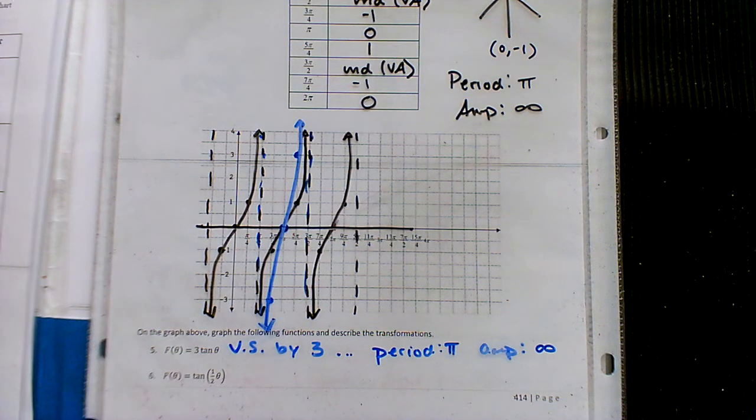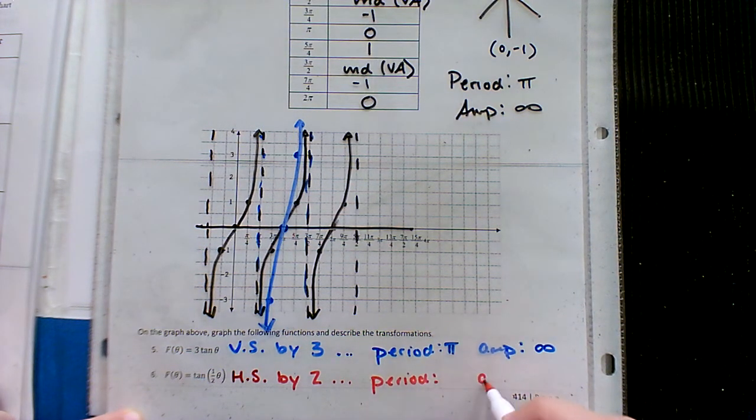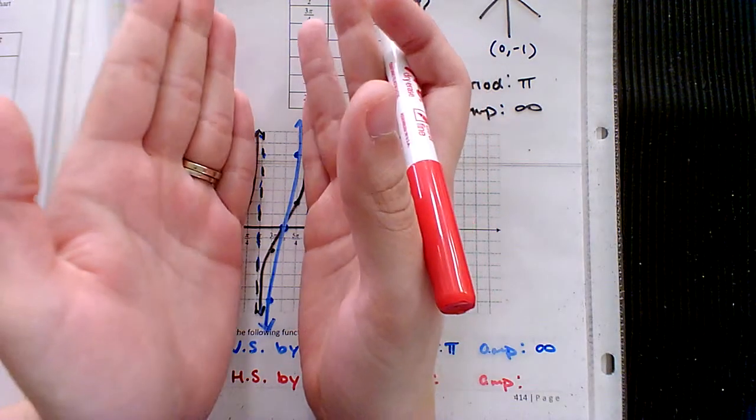All right, let's go ahead and try the 1/2 pi. So this would be our horizontal stretch by 2. Let's go ahead and we'll use the same section, okay?